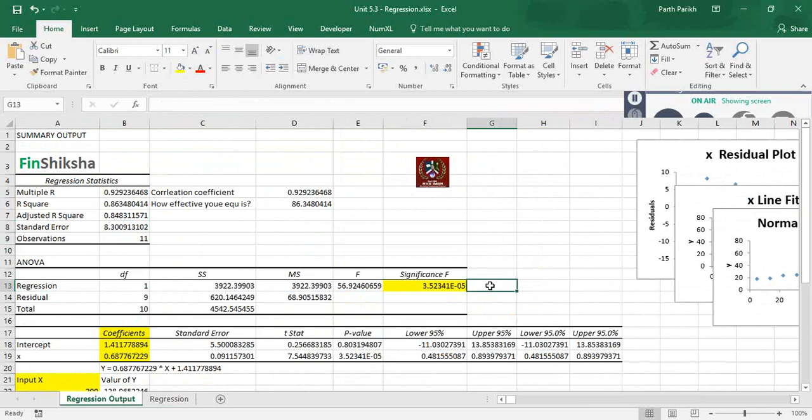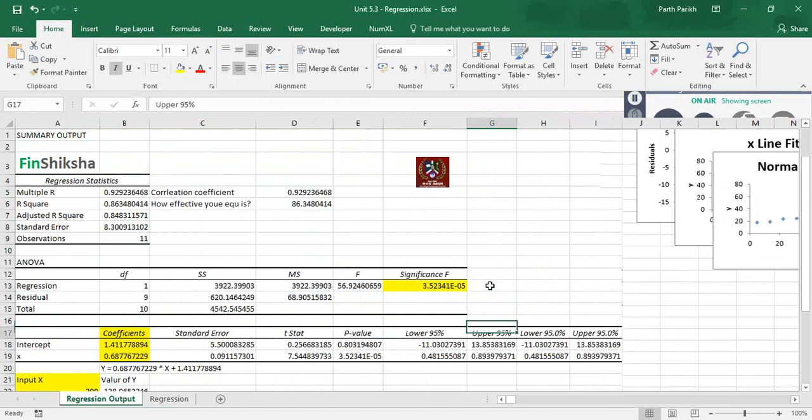So the regression you have got, or the dependency between x and y, is not by chance or by luck. It is the data which is showing it. That's the implication of significance F. The lesser the better; lesser than 0.05 is better. If it is 0.05 or higher, that's an issue. We may have to adjust a few of the variables.